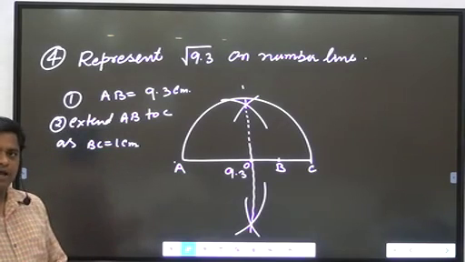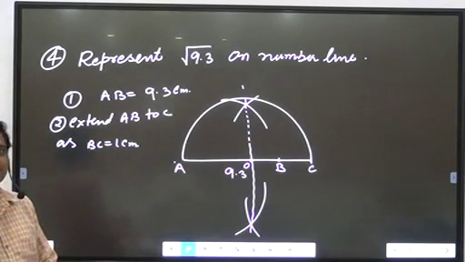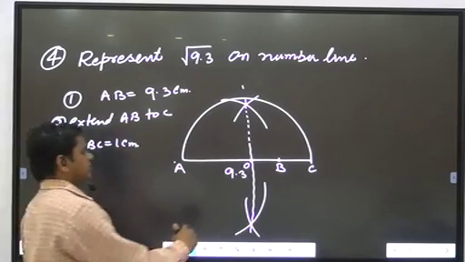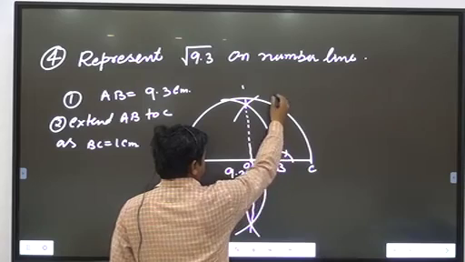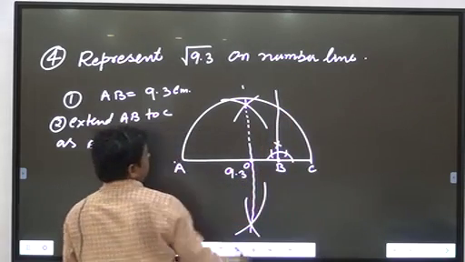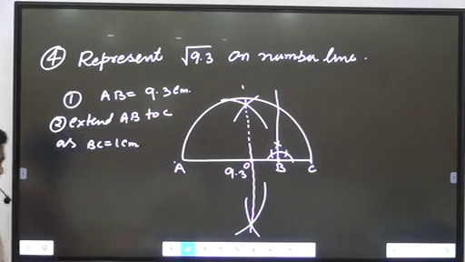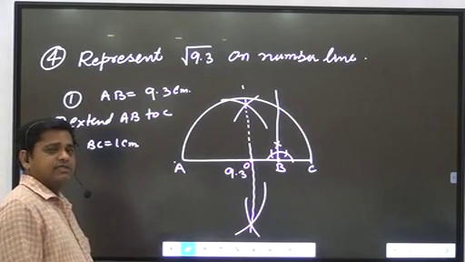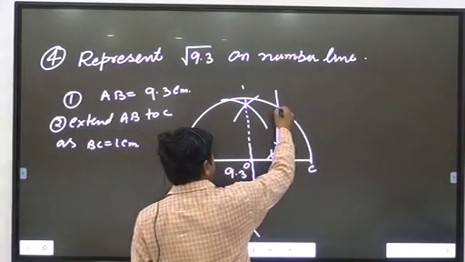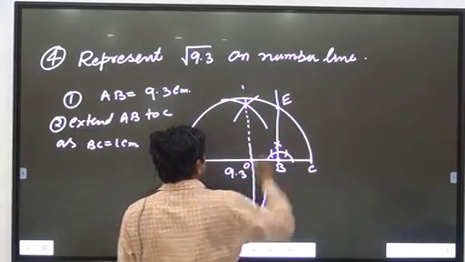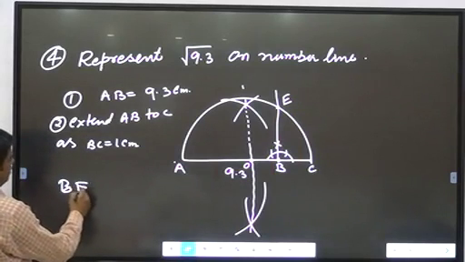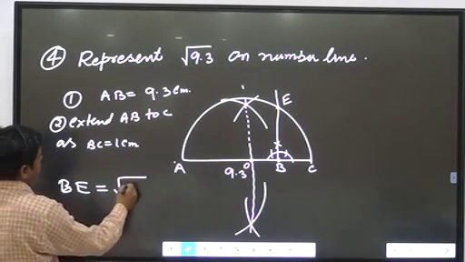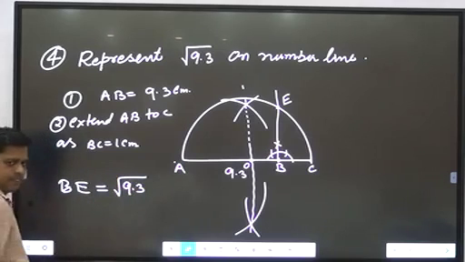And now at point B we construct a perpendicular, which intersects the semicircle at a point E. And finally this distance BE is equal to under root 9.3.